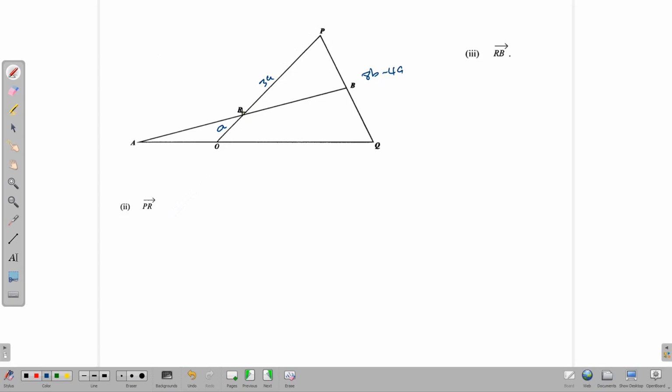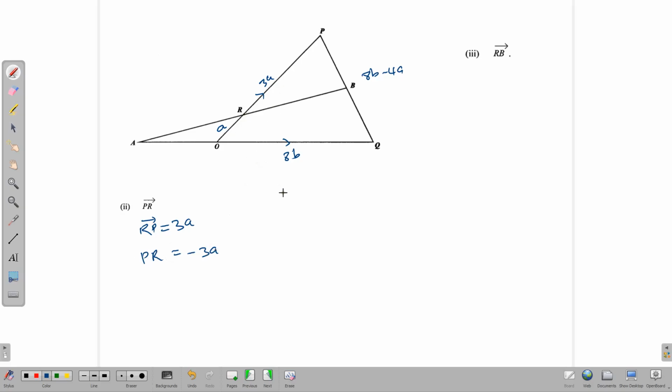P to R is quite simple in this sense because we have our vector going from O to P, and that was equal to 4A, the entire thing. But RP was 3A, and now we want to reverse it to find PR. So since RP is equal to 3A, we simply reverse it and say PR is equal to minus 3A, since we're going in this direction.